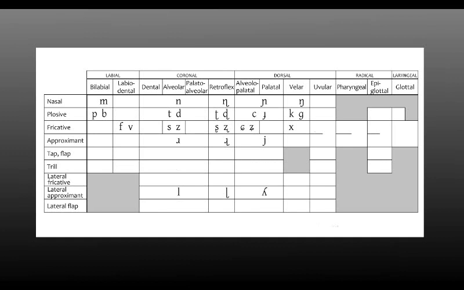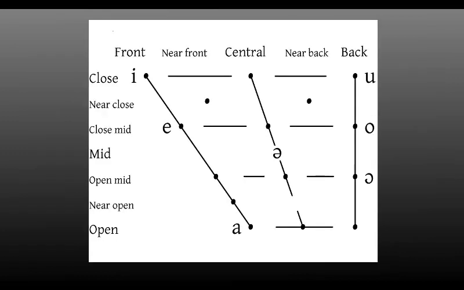There are also a bunch of these palatalized and retroflex consonants, but we'll get to that in a bit. And here are the vowels: a, e, o, u. They can also be pronounced long.